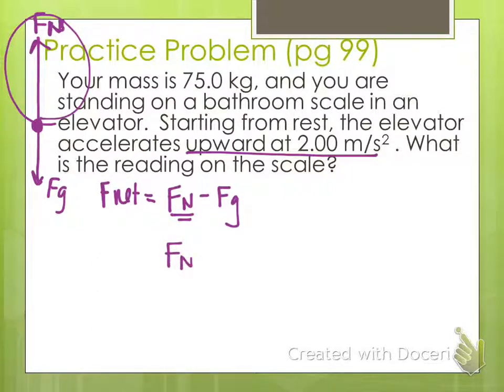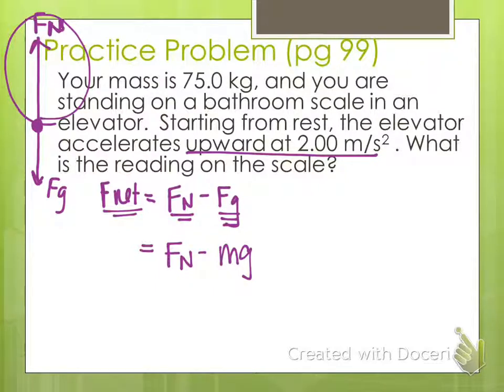So F sub n. How can we substitute out F sub g? Mass times gravity. So mg. And how can we substitute out F net? What is F net equal to?